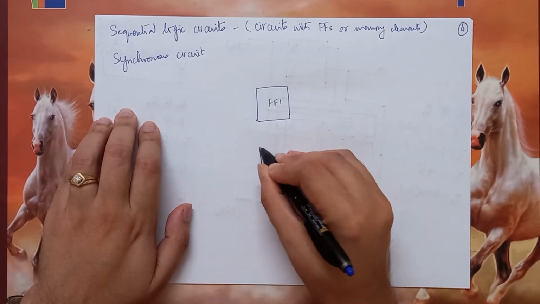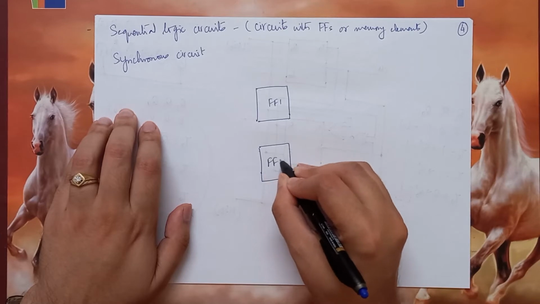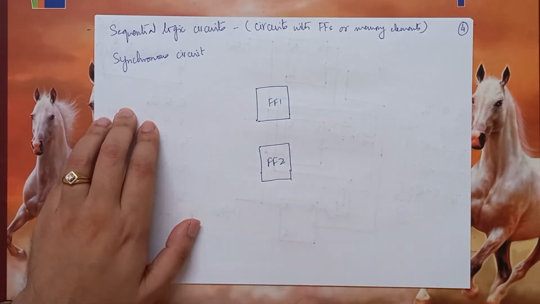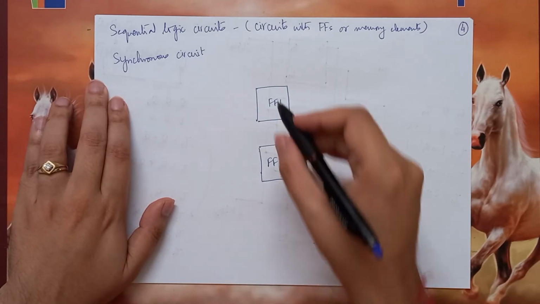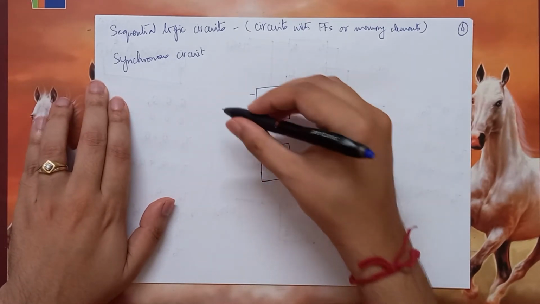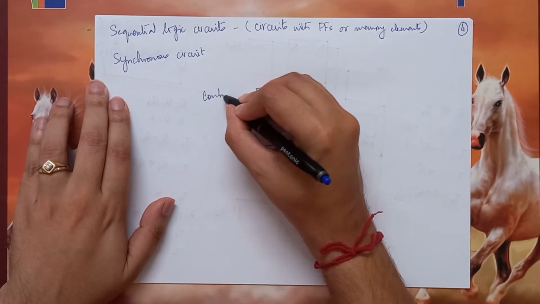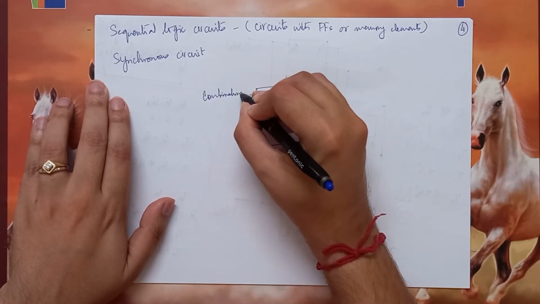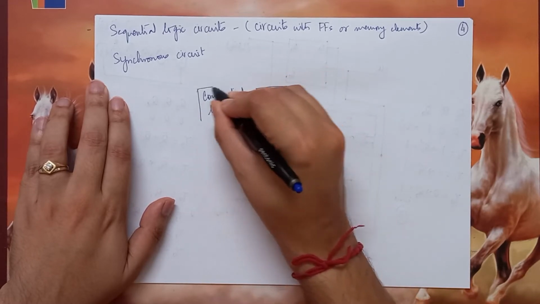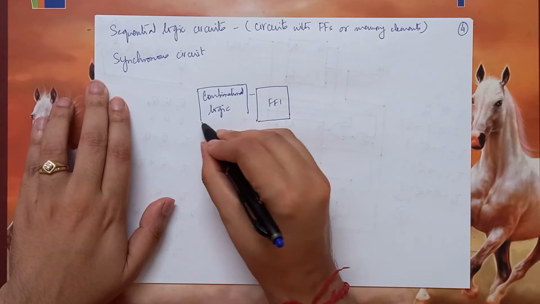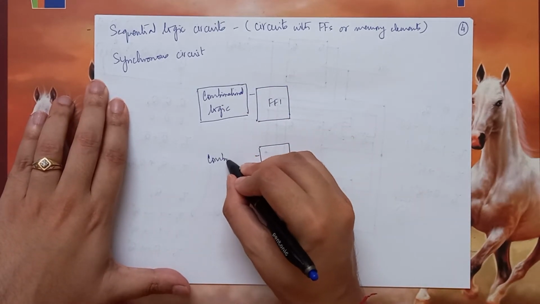It could be any kind of flip-flop that we know. Let's say there are two flip-flops. So to the inputs of these, there could be some combinational logic circuits. Similarly over here also.